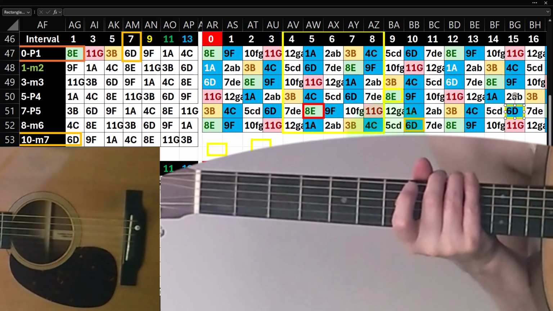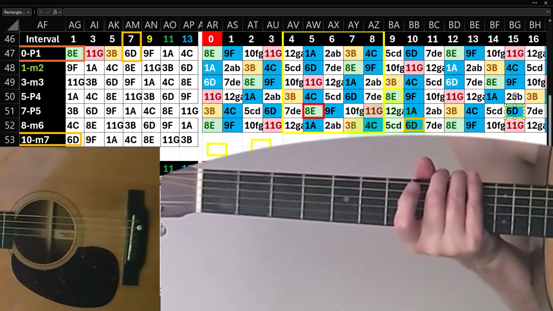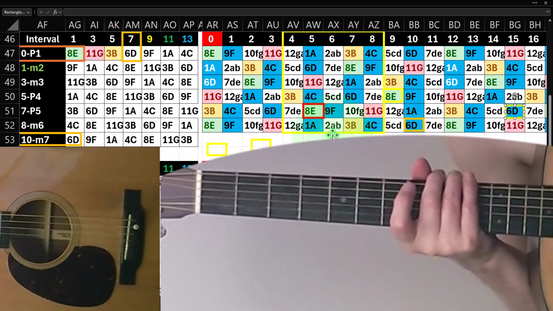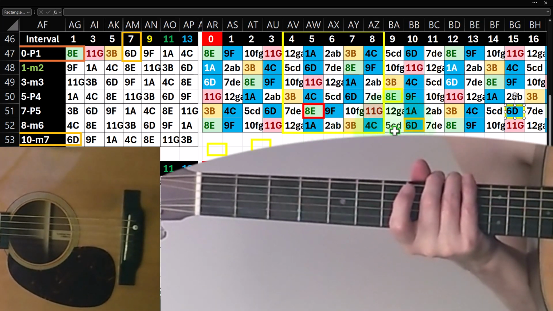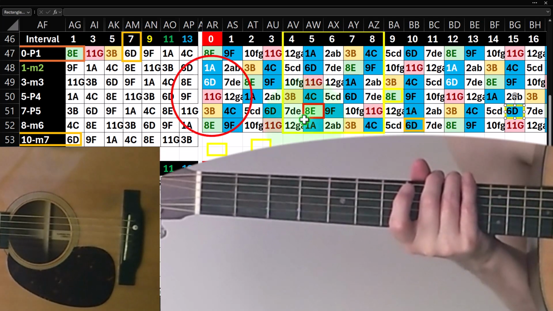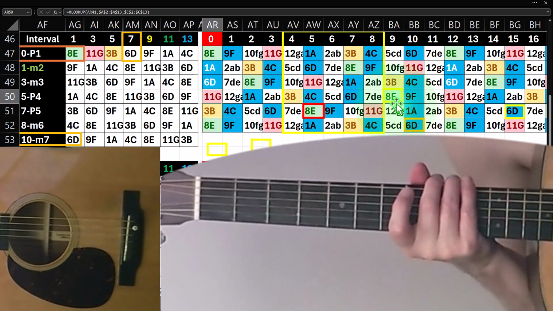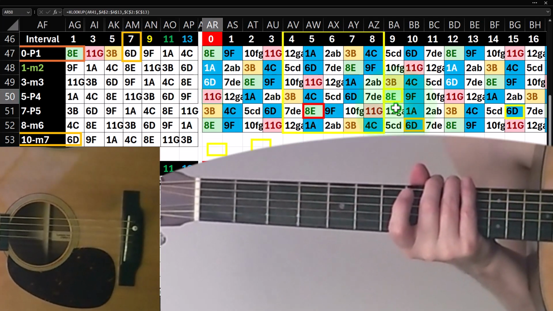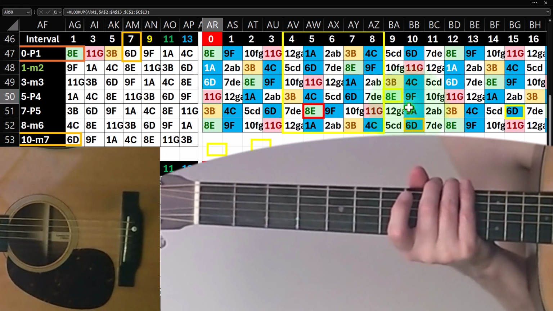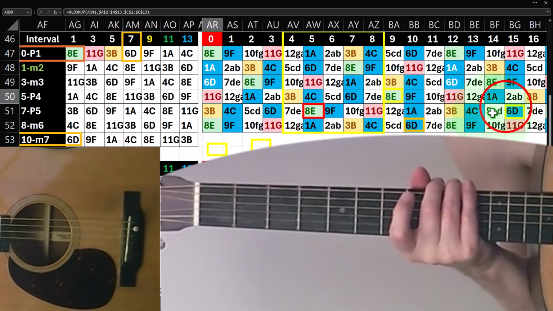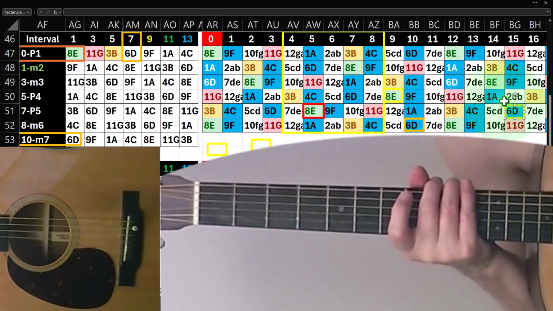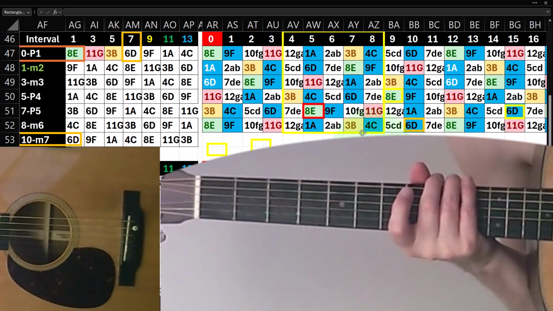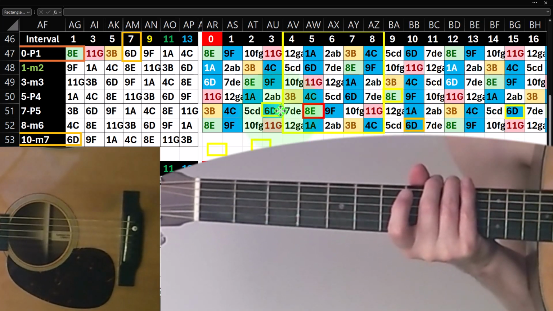So if I go down 1 string, then the 10 note away minor 7 will usually be 1, 2, 3, 4, 5 frets forward, unless I cross the fault line, which would only happen on the G string, in which case if I go down 1 string and cross the fault line, the 10 note away minor 7 will be 1, 2, 3, 4, 5, 6 frets forward, which is just out of reach, which also means that if I went the other way, it would be 6 frets back.